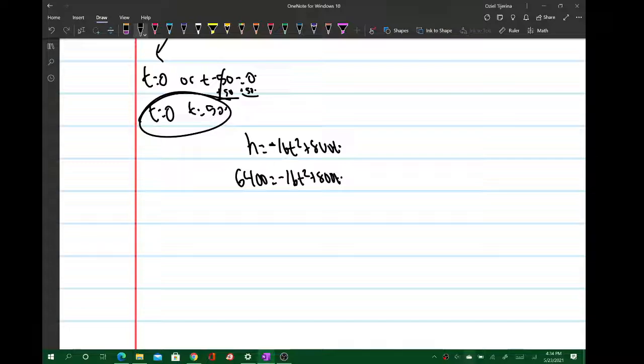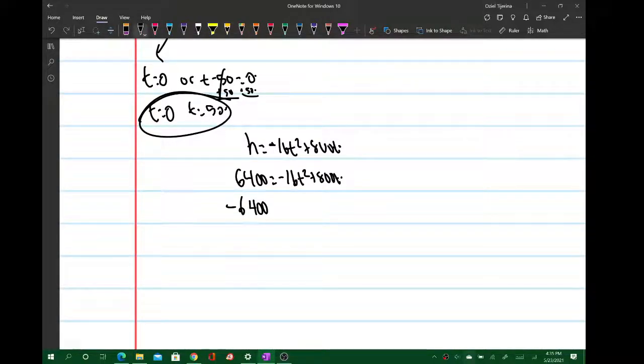Now, be very careful. Do not factor the t out of this and then set it equal to this. It is not going to be correct. Anytime you have something like x squared plus 2x equals c, you always want to make it equal to 0.